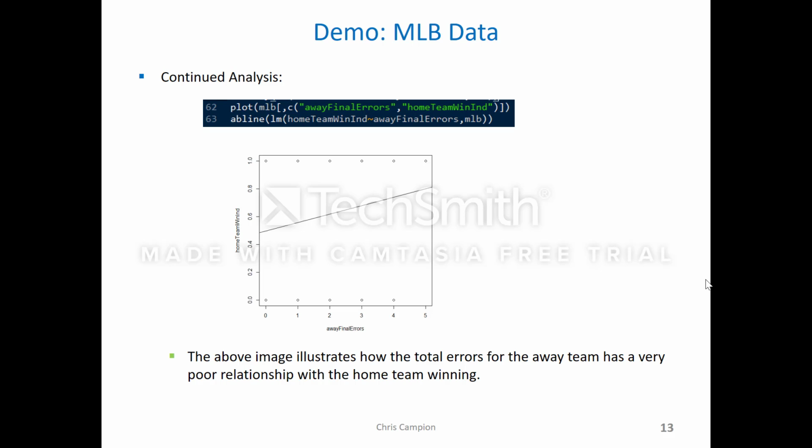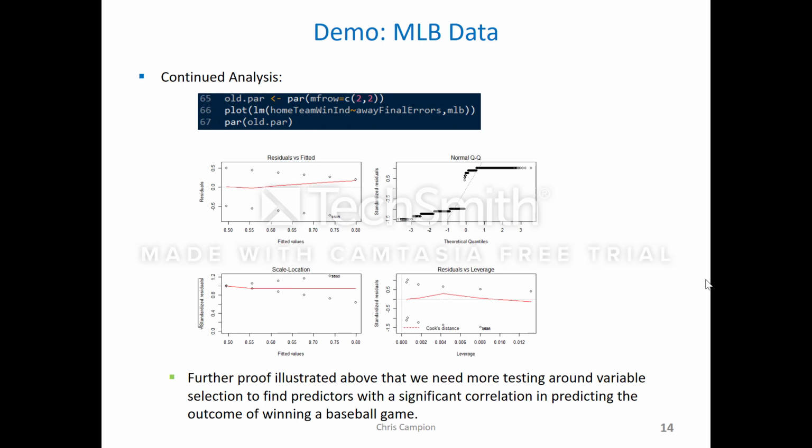And continuing on that, I plotted this to see, as errors go up, does that mean that the home team is actually winning? And no, not really at all. So we can continue, looking at residuals versus fitted, not seeing much proof in there that the away team's errors is a good predictor for the home team winning a game.